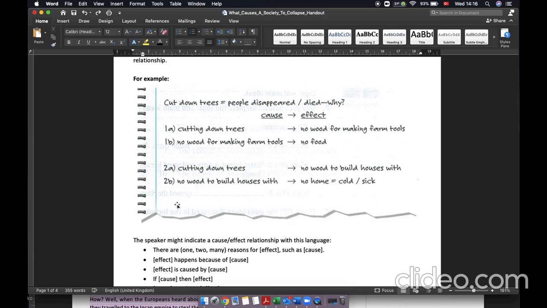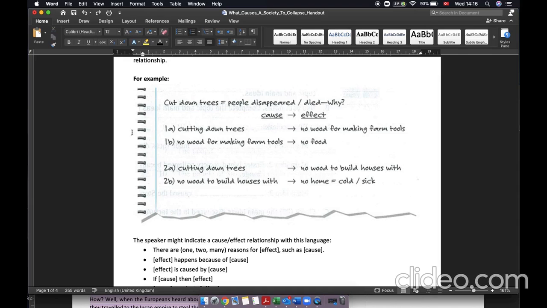So here, when we talk about causes and effects of this situation, we can make lists of causes and effects like this. Cutting down trees, this resulted in no wood for making farm tools. And because there was no wood for making farm tools, people couldn't plant the soil and they didn't have any food, so they died.